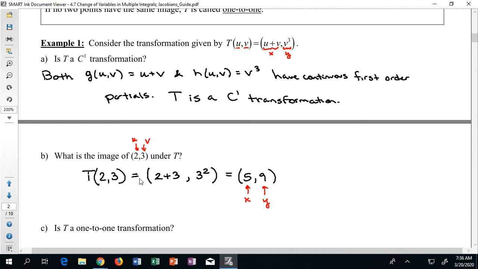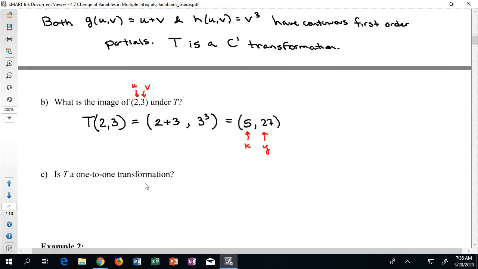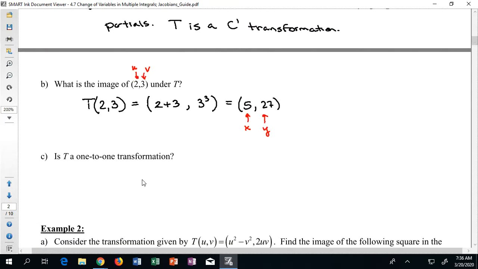So I took a U, V, and I made an X, Y. So that's pretty straightforward as well. Oh, sorry, it looks like I made a small typo here. This is supposed to be 3 to the 3rd power, and so of course it's not 9, it would be 27.